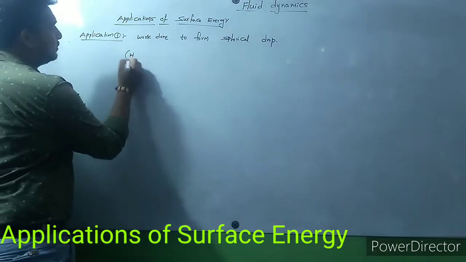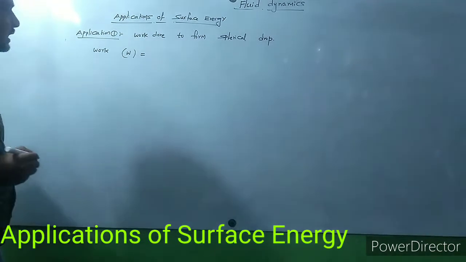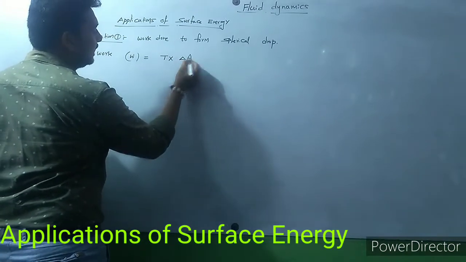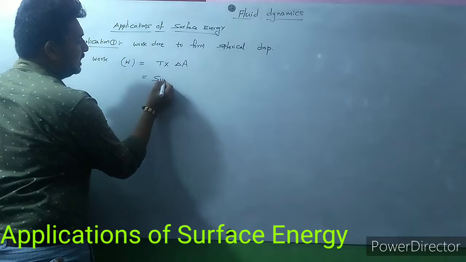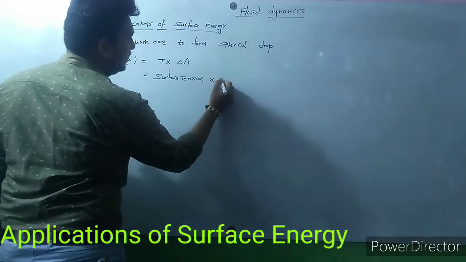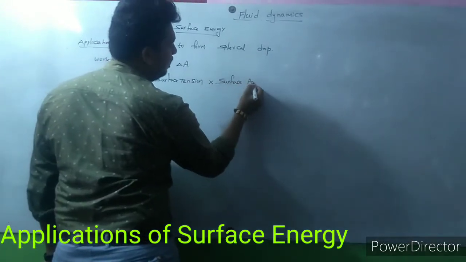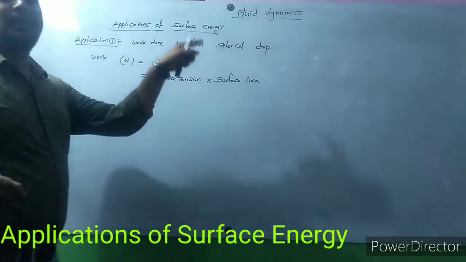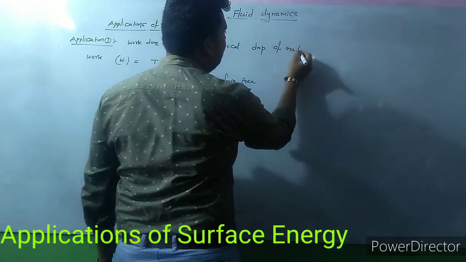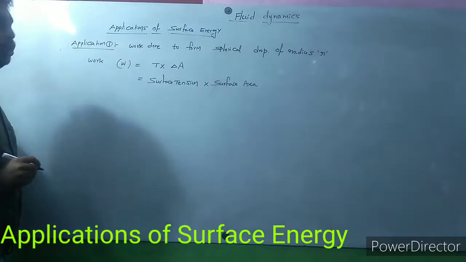So work done to form a spherical drop, formula. Work done formula you already know: work is equal to surface tension into change in surface area. Work done to form a spherical drop of radius r.